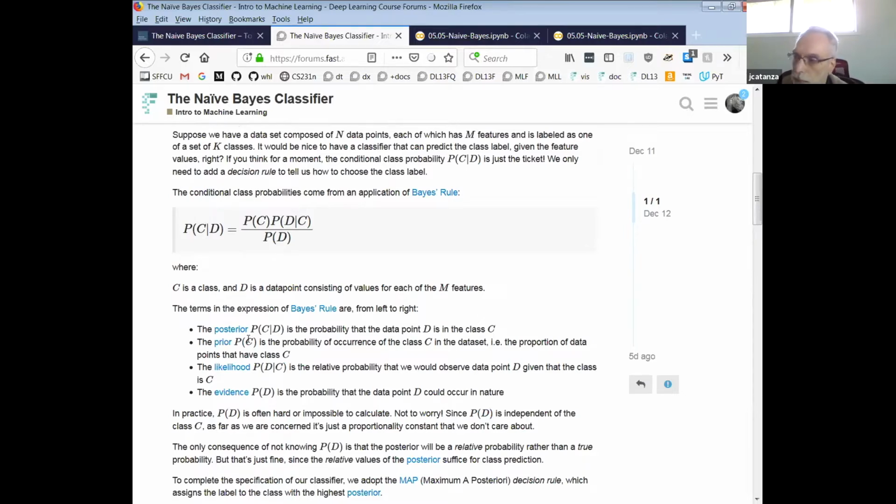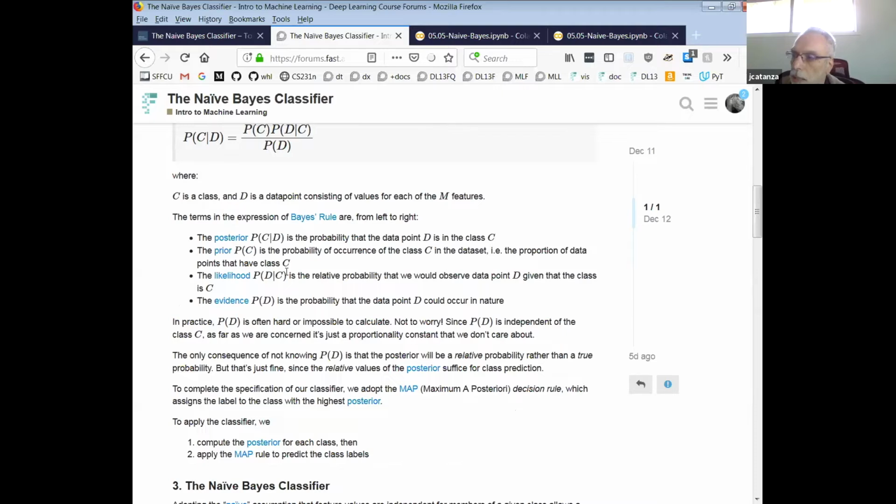So that's easy to calculate from your training set, the prior. The likelihoods are more difficult to calculate, but still can be done. That's the key thing, calculating the likelihood, which is the probability that a given class could give rise to a data point D. The probability that we would observe the data point D if its class were given.